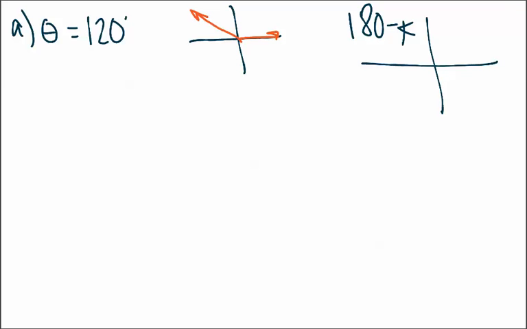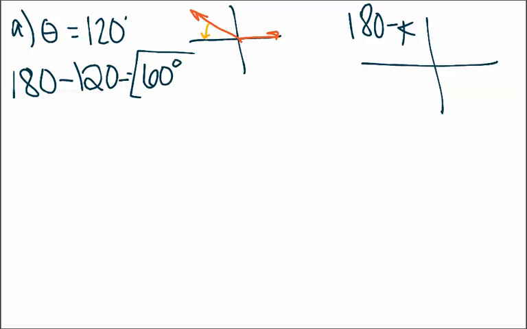Well, that should make sense because it's how many more degrees do I need until I get to the x-axis. So I would take 180 minus 120 and get 60 degrees. So my reference angle is 60 degrees. Your reference angle will always be a positive number between 0 and 90. And that's just telling me how much farther I have to go.